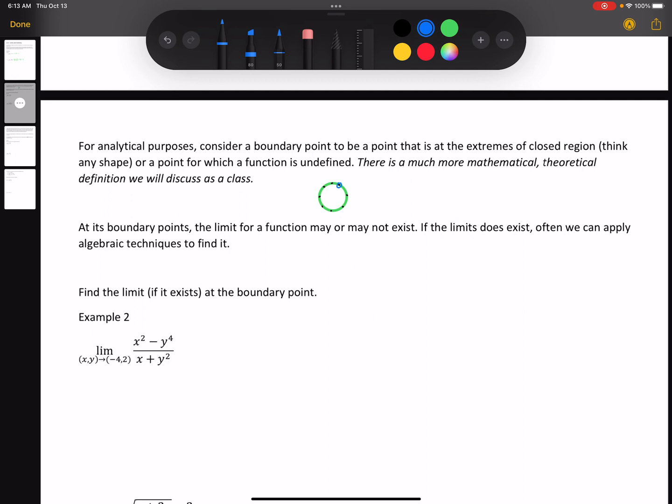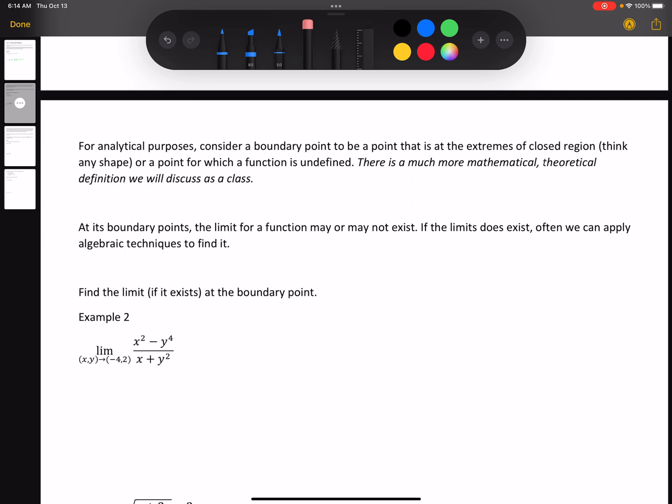That means there always has to be a point that's interior, and there also has to be a point that's exterior to whatever region. That's what makes something a boundary point. For us, though, analytically, we're thinking about this as being things that are outside of our domain.